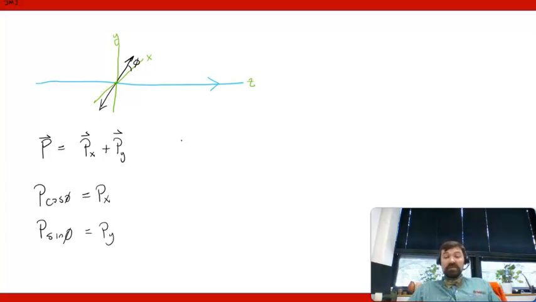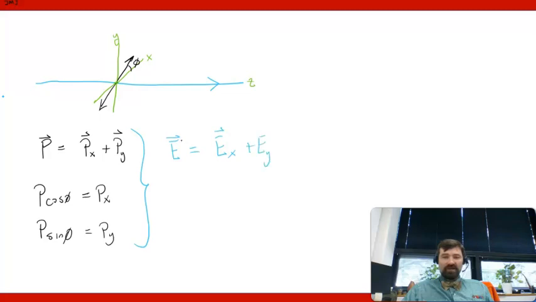Now, I used p to represent polarization, but because we know that polarization direction is really just the direction along which the electric field is oscillating, these statements are just equivalent to saying that for this laser, let's say, for this EM wave, maybe it's a laser, maybe it's an X-ray, whatever, that the E field direction is a combination of E sub x plus E sub y.